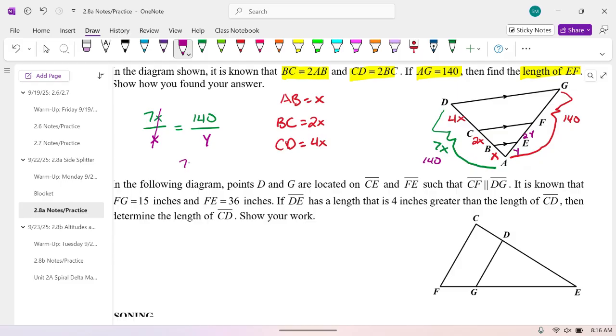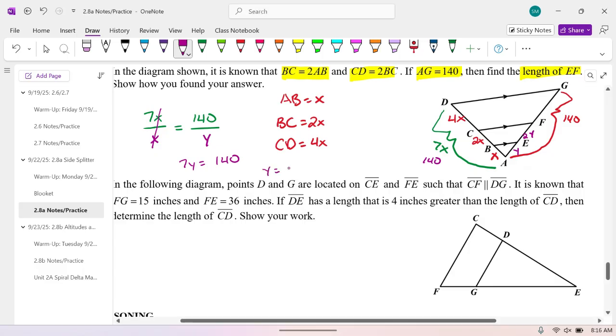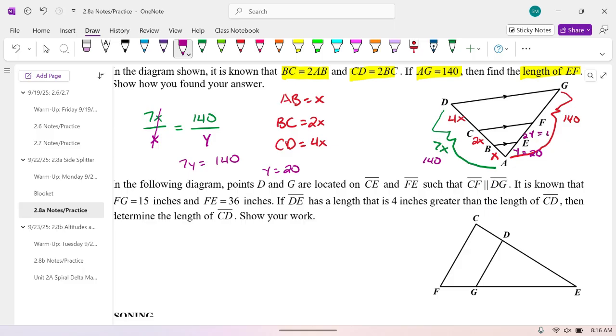So I would do 7y is equal to 140. So y has to be equal to 20. So this y here has to be equal to 20. Now, you could just figure out that this would have to be equal to 40. But a way we can check it is if we use side splitters.